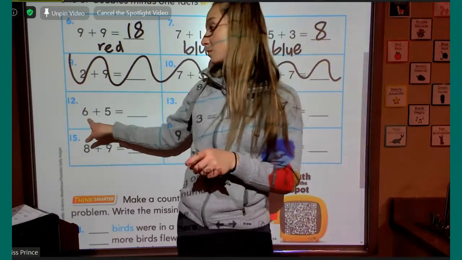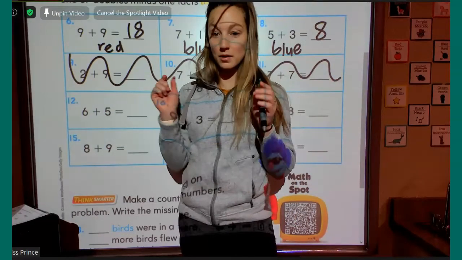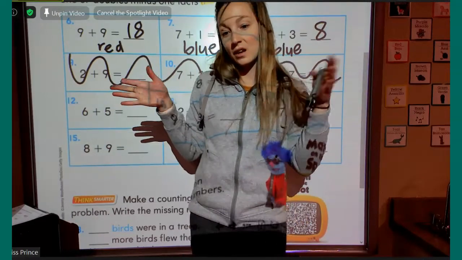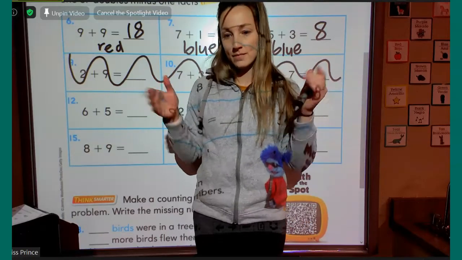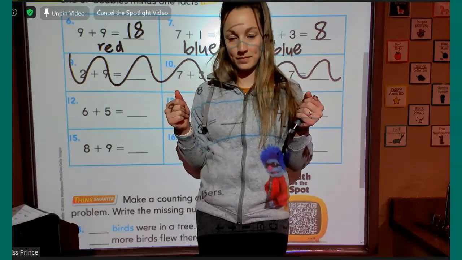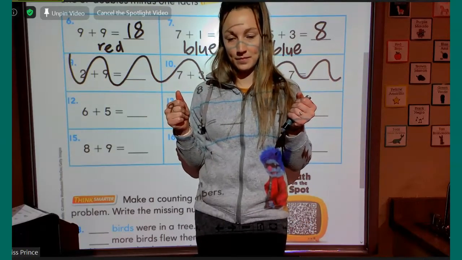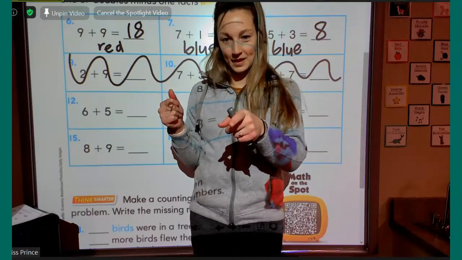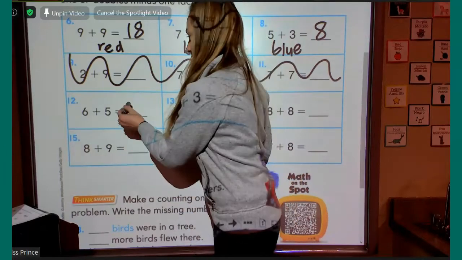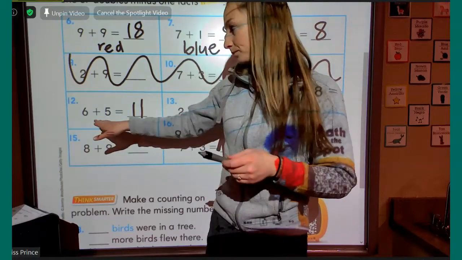Super close. 6 plus 6 is 12. So it's the number right in the middle. It wasn't 10 and it wasn't 12. 11.